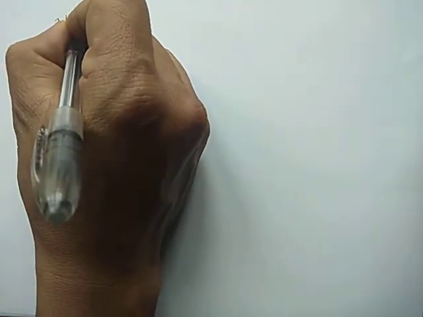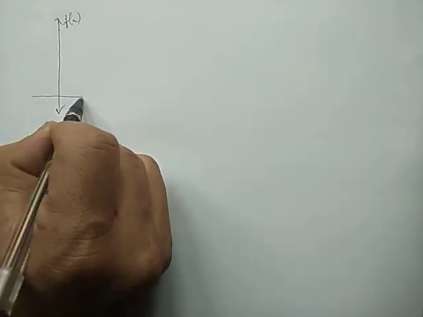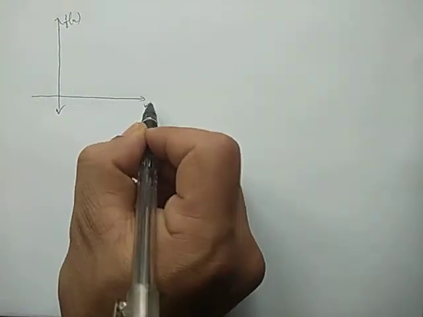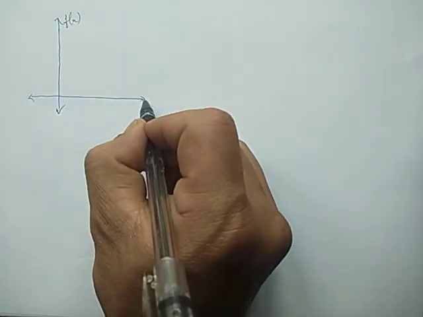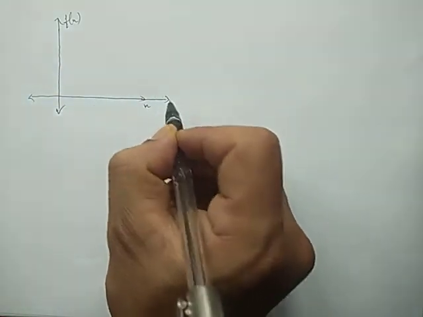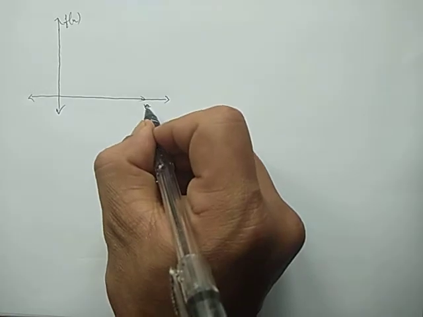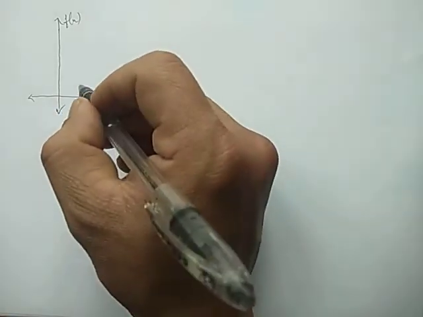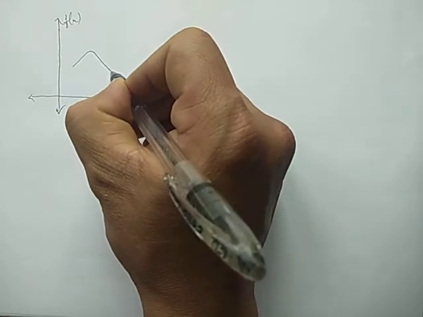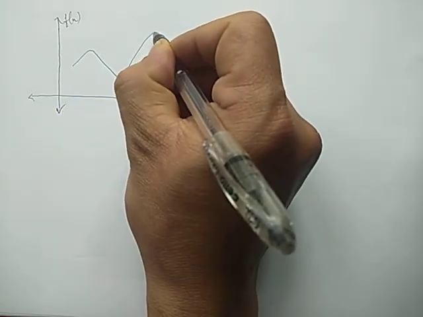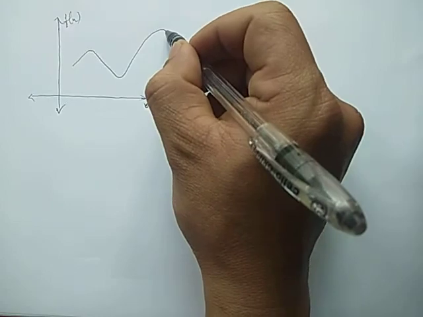This is f of x, this is x, and we have the function like this.